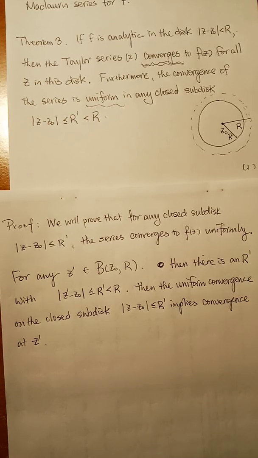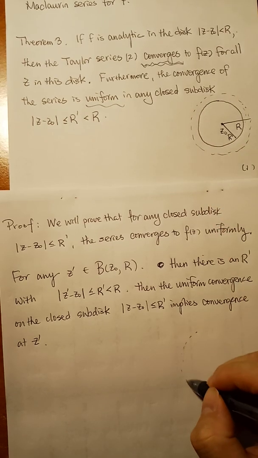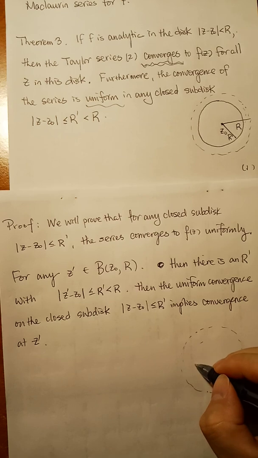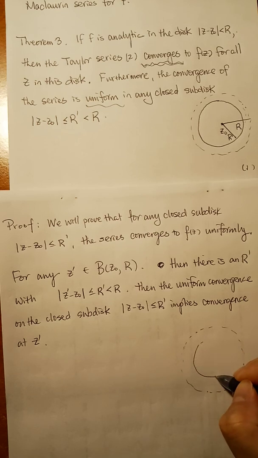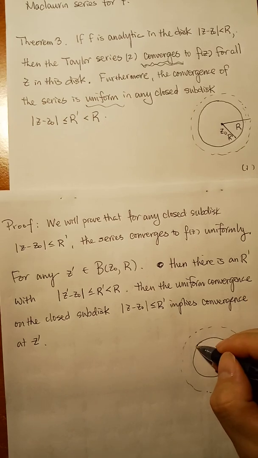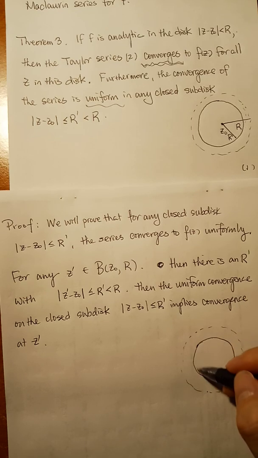Okay, now let's redraw this circle. So we have an open circle and we have a closed circle. Remember, we are going to study every point on this closed circle, including the boundary.